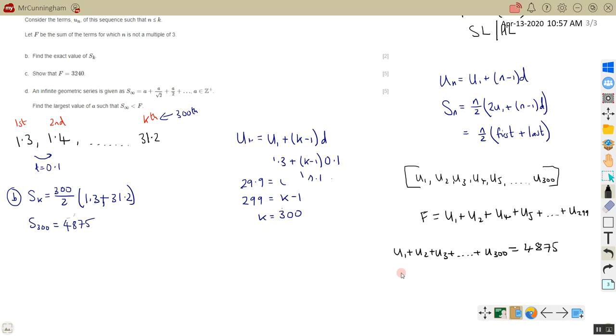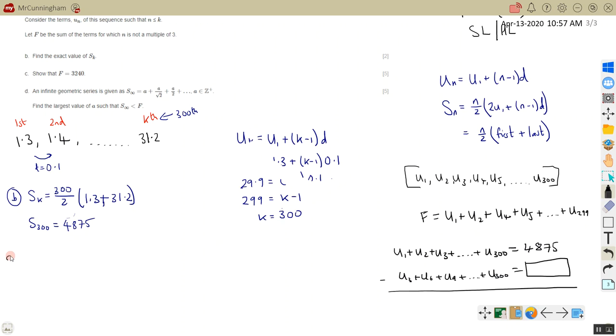If I can work out the sum of the terms with the multiples of 3, then all I need to do is subtract those two answers, and that will give me what f is, okay? That will give me the sum of the terms for which n is not a multiple of 3.